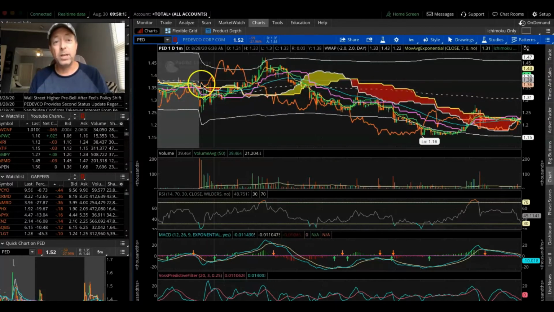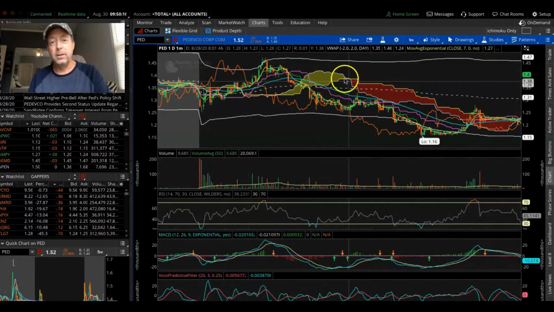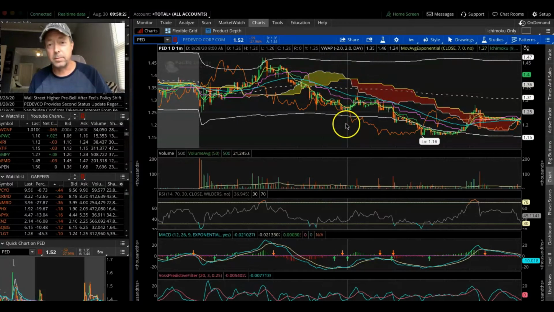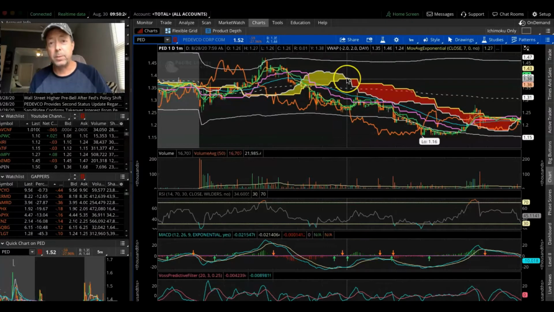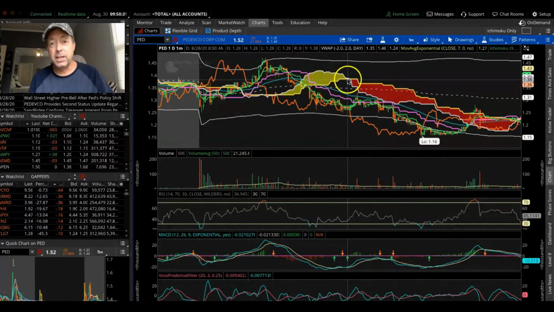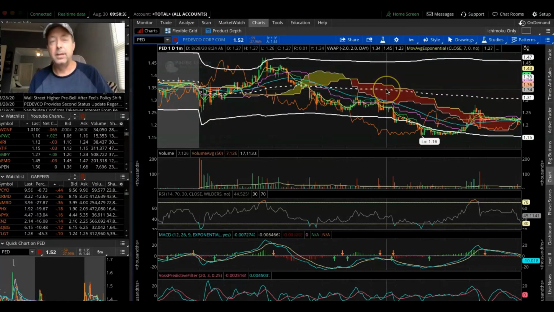Let's say this line going down the page here is the end of pre-market and the start of active market, this gray section here. If I see that the cloud is red right off the bat, the stock's going to drop.